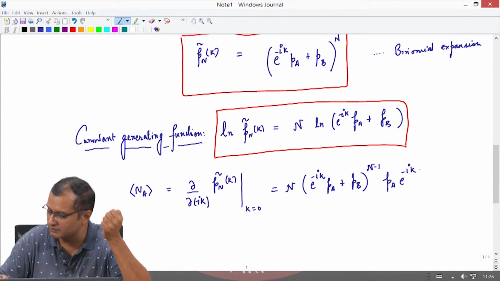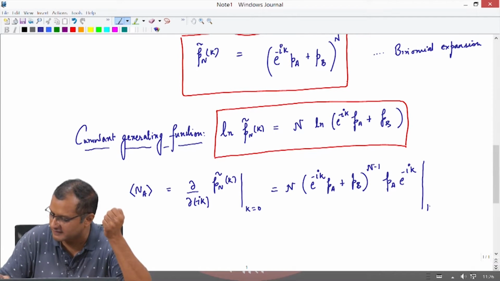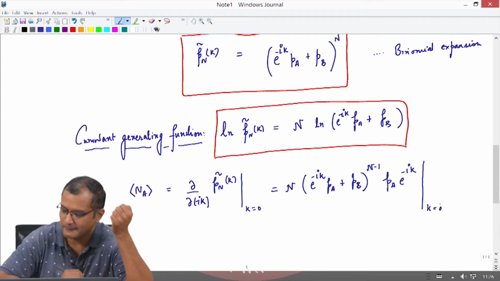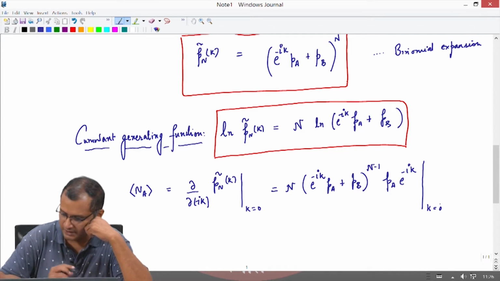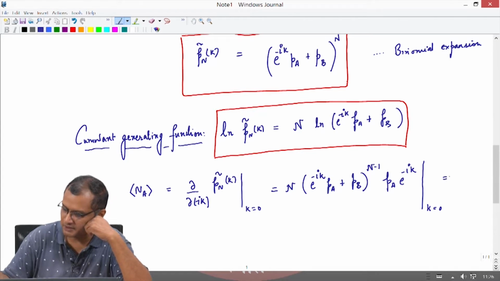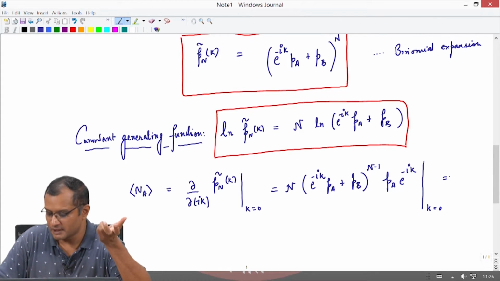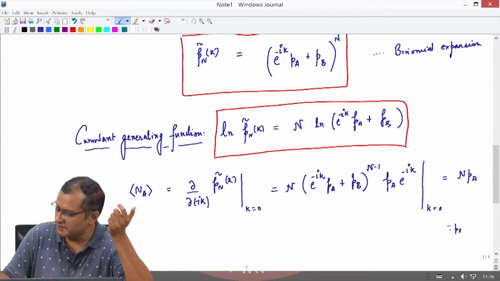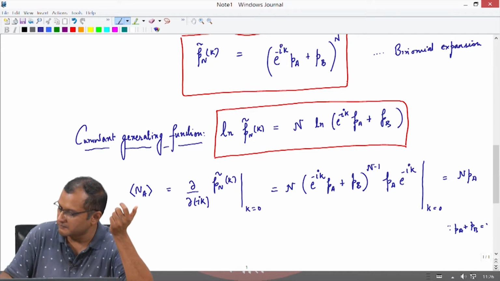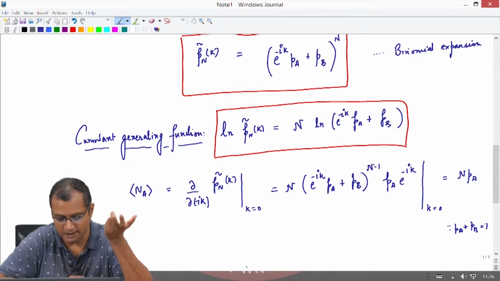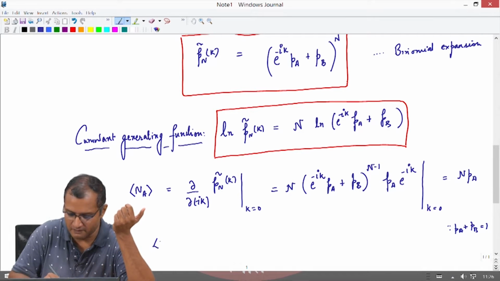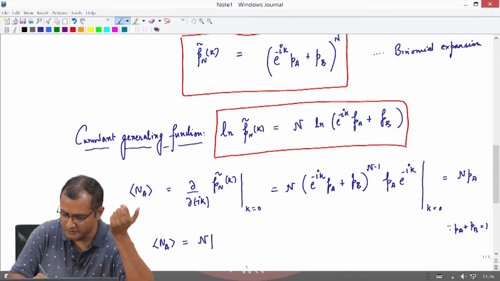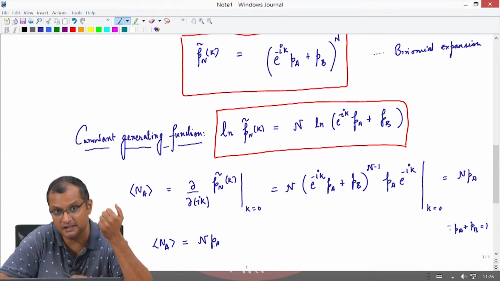And definitely I have to compute this derivative at origin. Okay. So, you can see that this is nothing but, if you put k equals to 0 here, what you get is nothing but n times p a, because p a plus p b is 1, and that is what you want. Okay. So, your average number of heads after n trials is nothing but n times the probability of getting a head in a single toss.